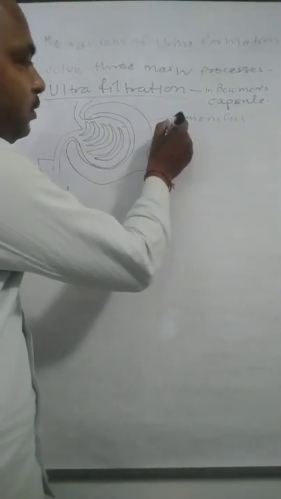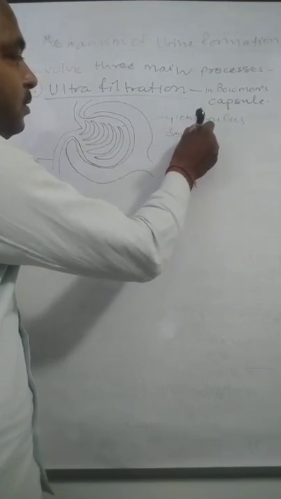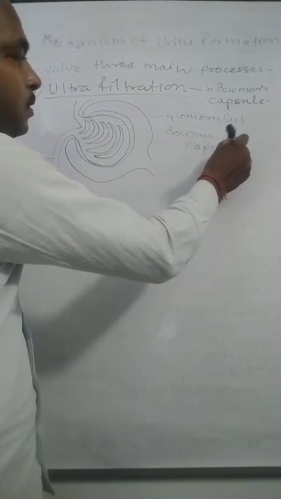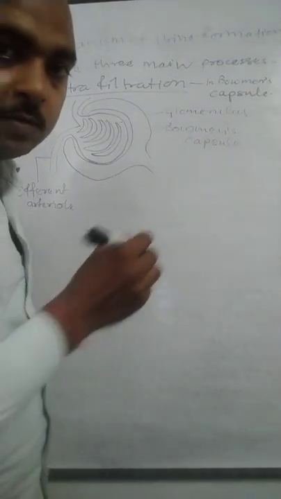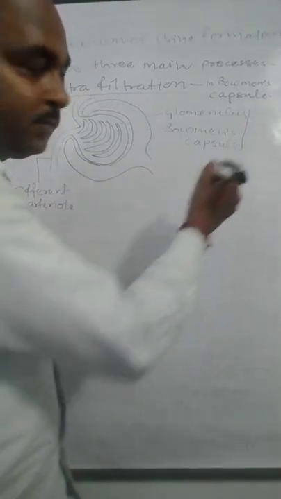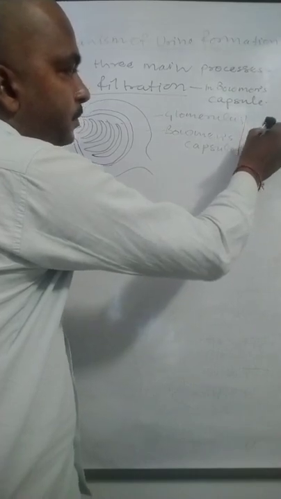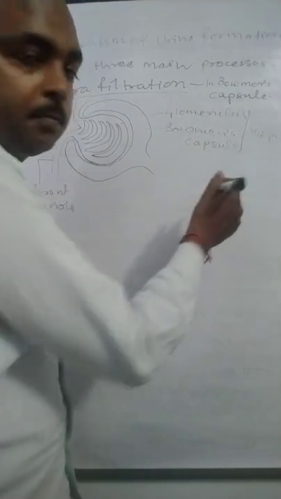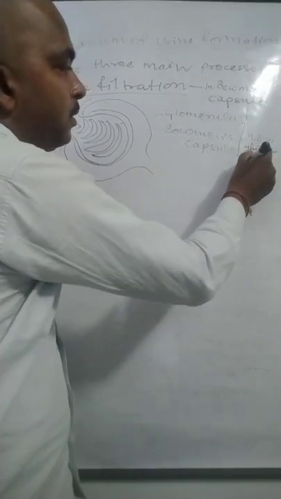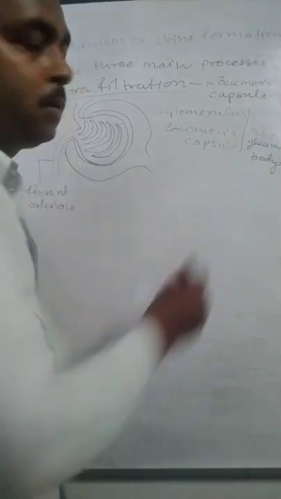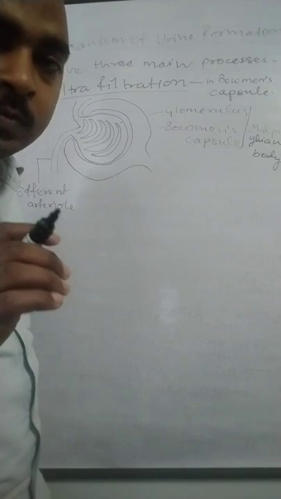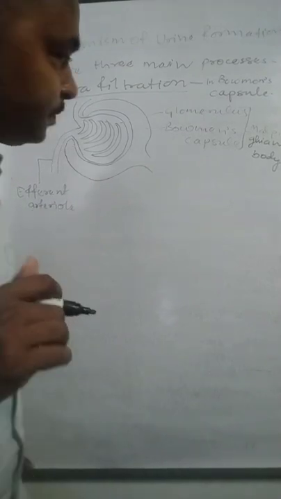So this is the Bowman's capsule, and along with the glomerulus, this structure is together known as the Malpighian body. The Malpighian body is the place where ultrafiltration takes place.